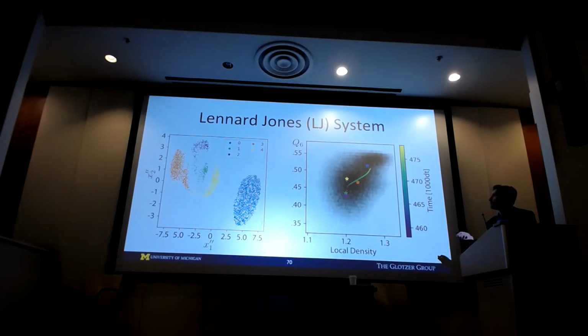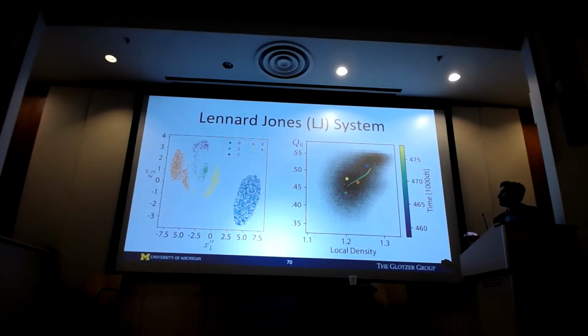So we move through this, and we have an increase of both. We have an increase of HCP order at both a slightly lower and a slightly higher density. It turns out that this corresponds to HCP-like environments within the nucleus and at the surface of the nucleus, and also within the rest of the system.